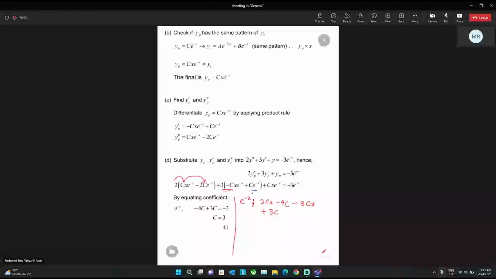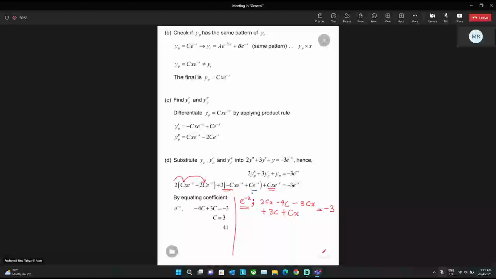Lepas tu tambah C. Awak tengok ni, equating. CX sama dengan 3, negatif. Oh, negatif. Okay. Bila negatif 3 sini, okay, you selesaikan sebelah kiri.